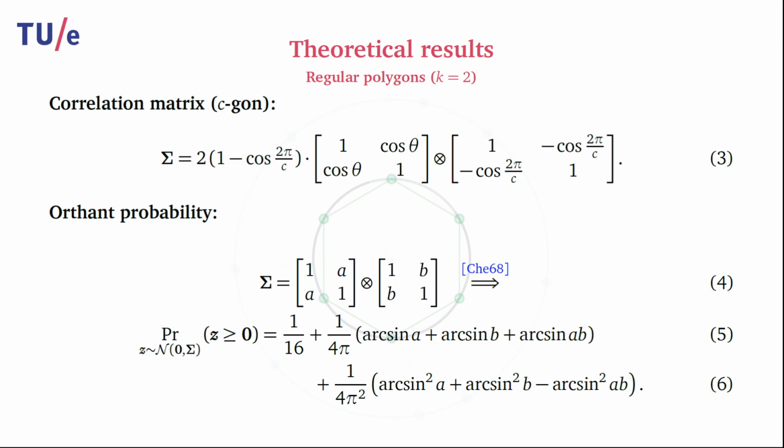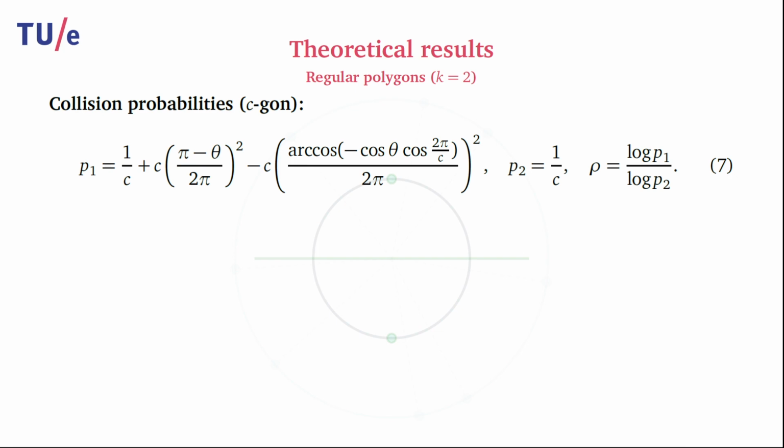These orthogonal probabilities quickly become pretty complicated and you don't get closed form expressions anymore. But here, at least in 2 dimensions, you still get a nice closed form expression. And so you can just use this result from Cheng to get explicit values for P1 and P2 using regular polygons. In this case, you get these expressions.